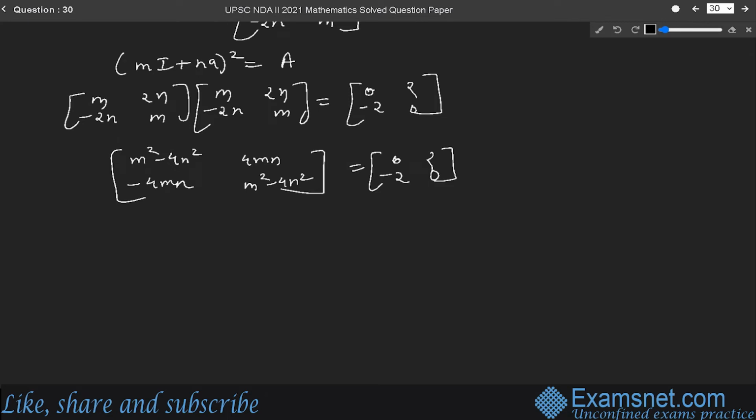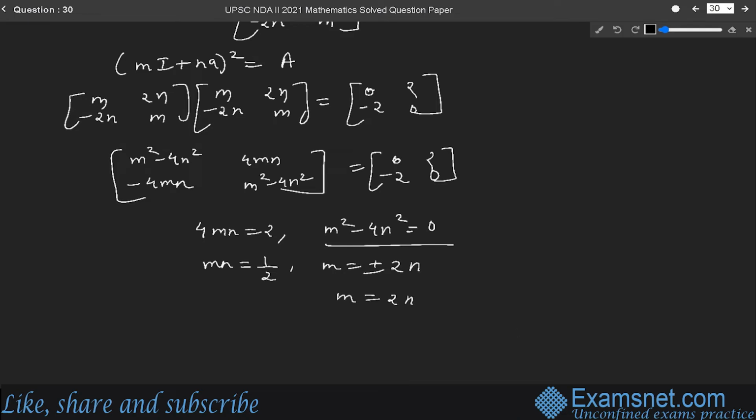On further solving, it will be 4mn is equal to 2 and m² − 4n² is equal to 0. So from here, mn will be equal to 1 by 2, and from this part, m will be equal to plus minus 2n. So we can say that m is equal to 2n and m is equal to minus 2n.